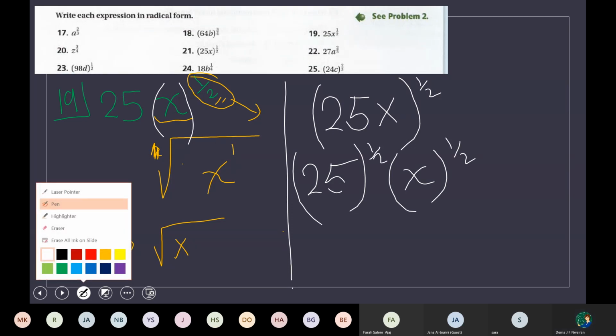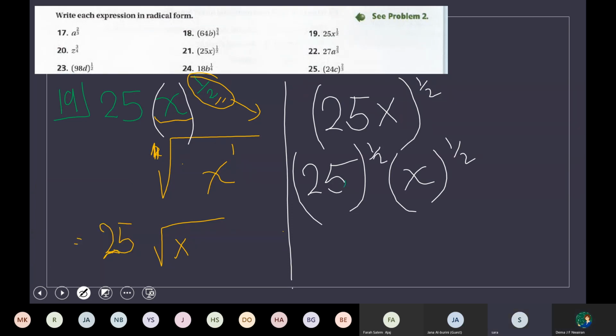Then I can say it is the square root of 25 times the square root of x. What is the square root of 25? 5. So I can write it now as 5 square root of x.